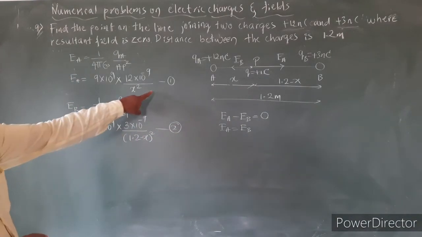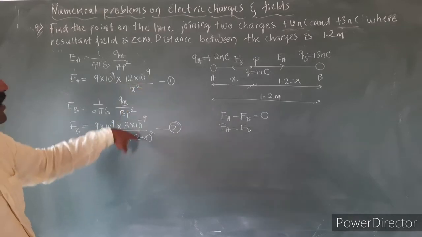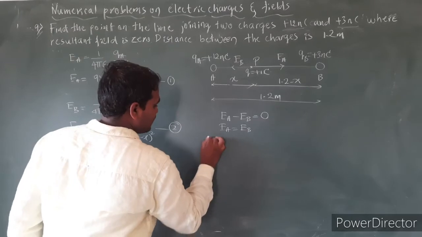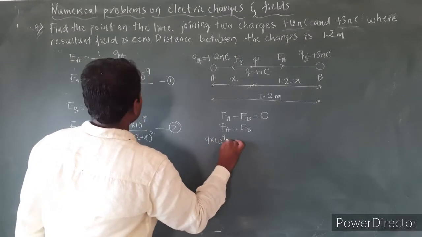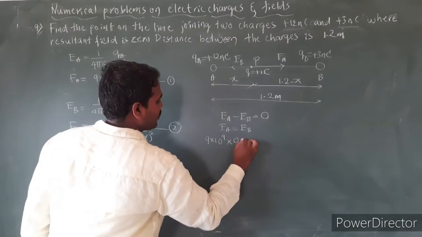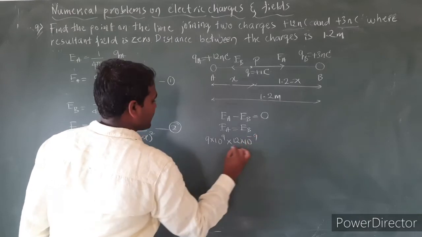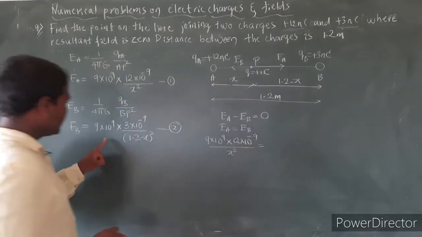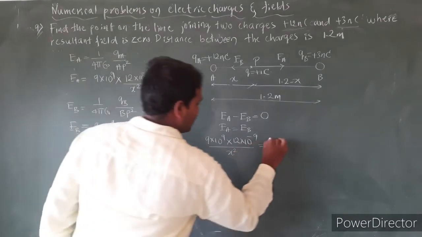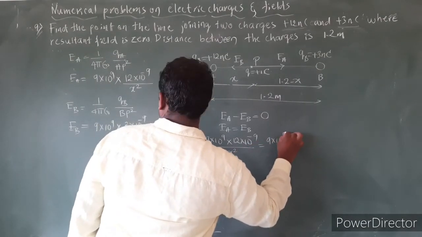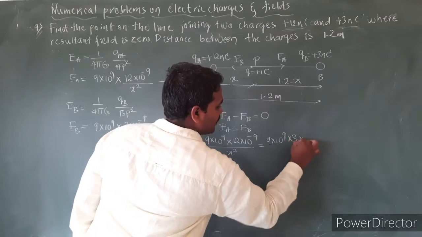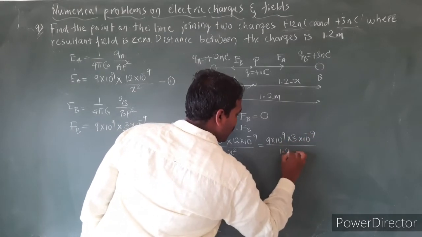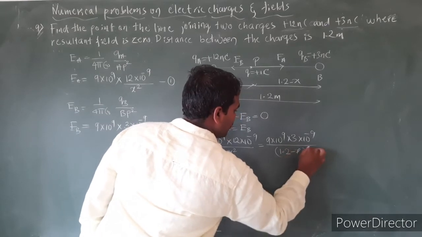Let us substitute equation number 1 and 2 here. EA is equal to 9 into 10 to the power of 9 into 12 into 10 to the power of minus 9 whole divided by x square. That must be equal to EB, which is 9 into 10 to the power of 9 into 3 into 10 to the power of minus 9 whole divided by 1.2 minus x whole square.